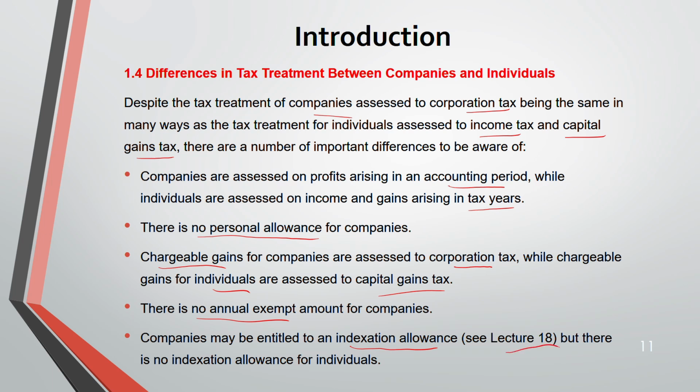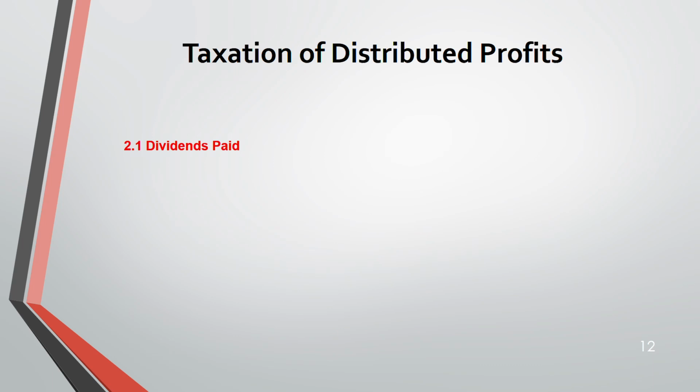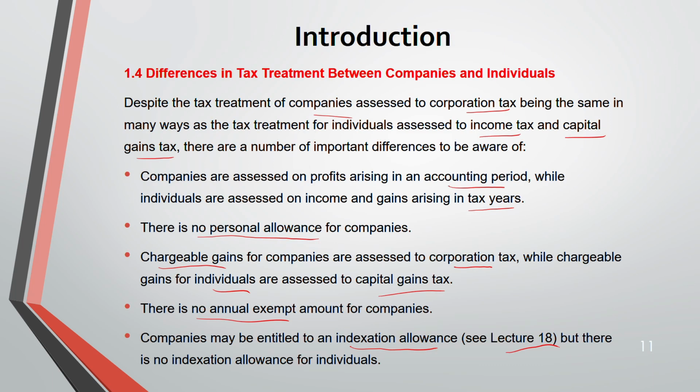Because, let me tell you, the 5 lectures from lecture 16 to 20 will be focusing on corporation tax only. So try to relate this lecture with 17, 18, 19, 20. They are related. So these are the 5 differences.